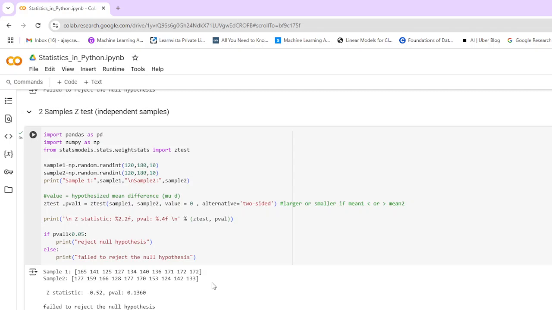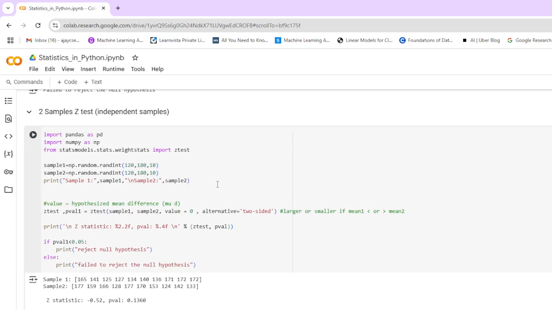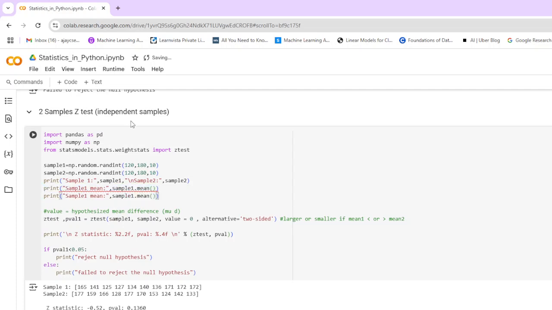Now for these random numbers, let me also print the means: print sample 1 mean, comma, sample 1 dot mean of, and similarly sample 2.